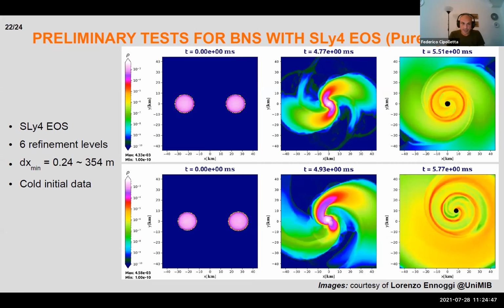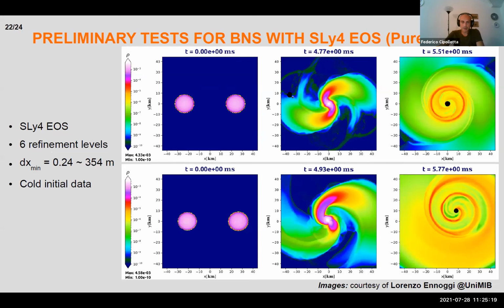We also have here some images showing the first test that we performed of binary neutron star merger adopting tabulated equation of state. Those are tests in low resolution with finest resolution of 0.24. Those tests were performed by Lorenzo Ennoggi when he was a master student of Bruno at the University of Milano Bicocca.